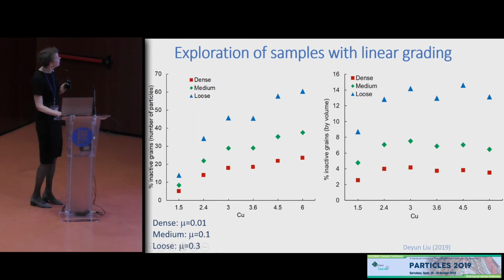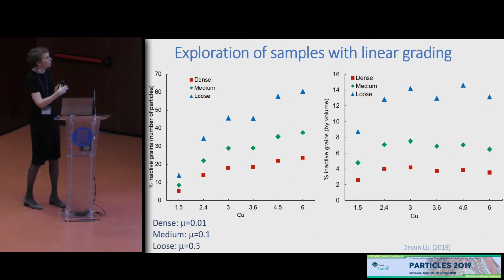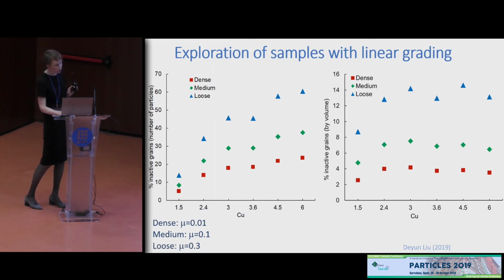What we see is that quite a large portion of the particles, even when we have an almost uniform pattern, are inactive. As our coefficient of uniformity increases and our polydispersity increases, so too does the proportion of inactive particles. These inactive grains tend to be small, so when we look at the volumetric proportion, it's significantly smaller than the proportion by number.